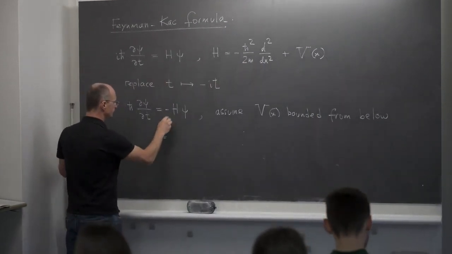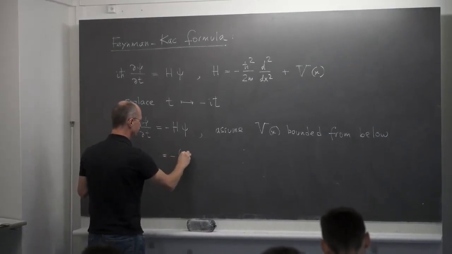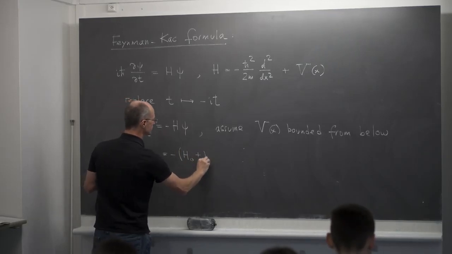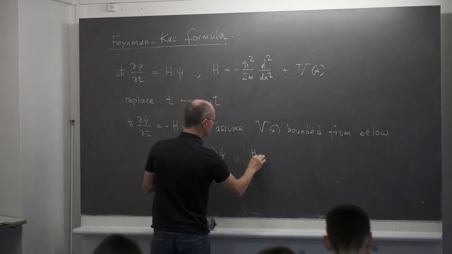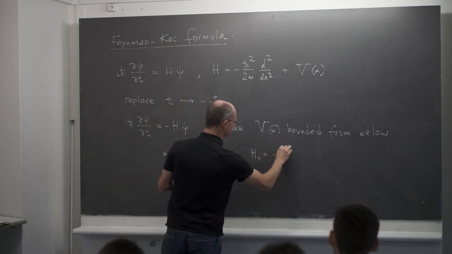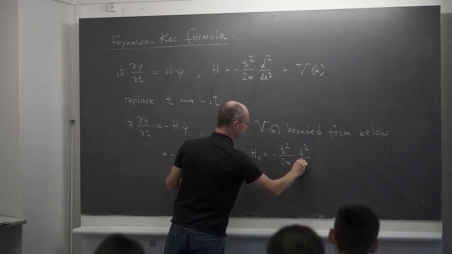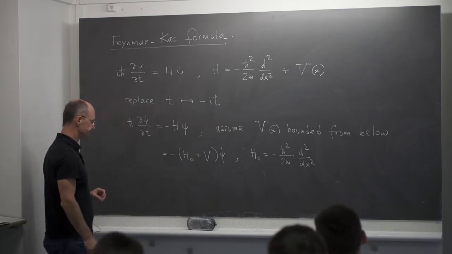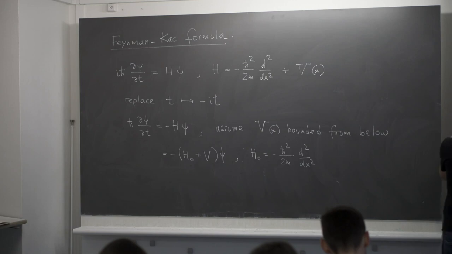So we can also rewrite the right-hand side as minus H naught plus V, and H naught is the Hamiltonian of a free particle, right?